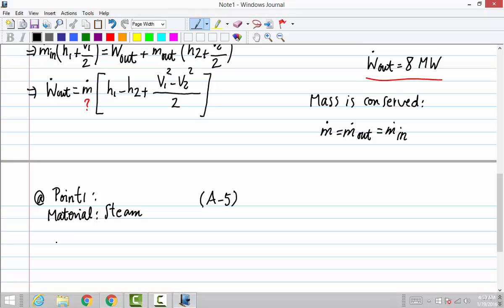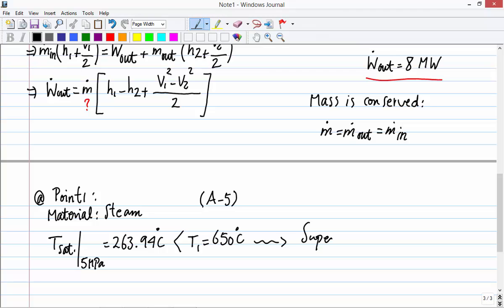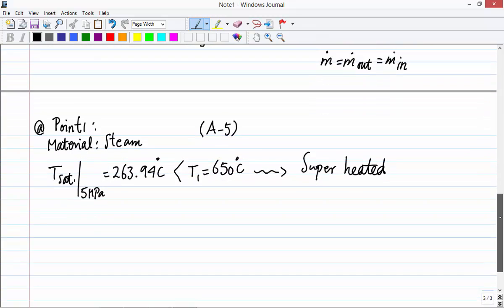Well, so let me write my judgment once again. So the saturated temperature at this pressure was 263.94 degrees C, which is much less than T1, which is 650 degrees C, and therefore we conclude that the steam is superheated.